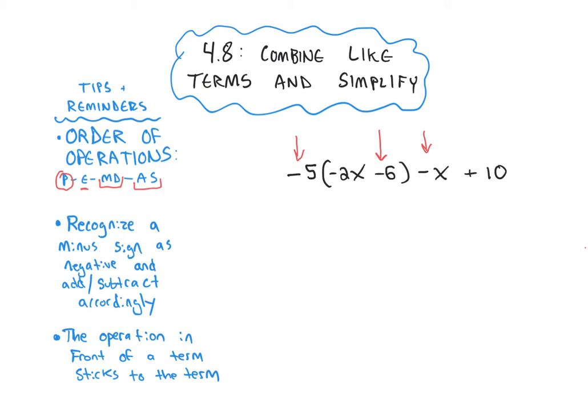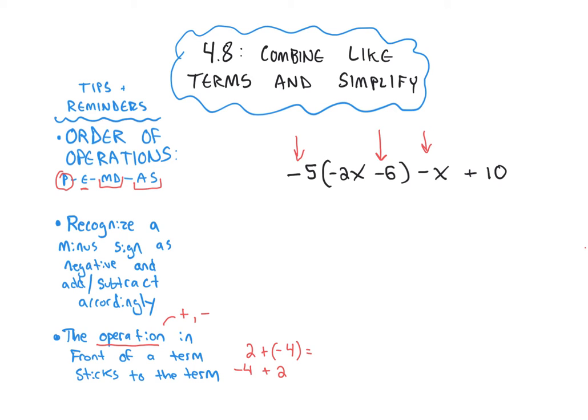Okay, and lastly, just remember as we start combining terms that the operation, meaning is it plus or is it a minus, in front of a term sticks to that term. So for example, if I had a 2 plus -4, I could rearrange that and write that as -4 plus 2.